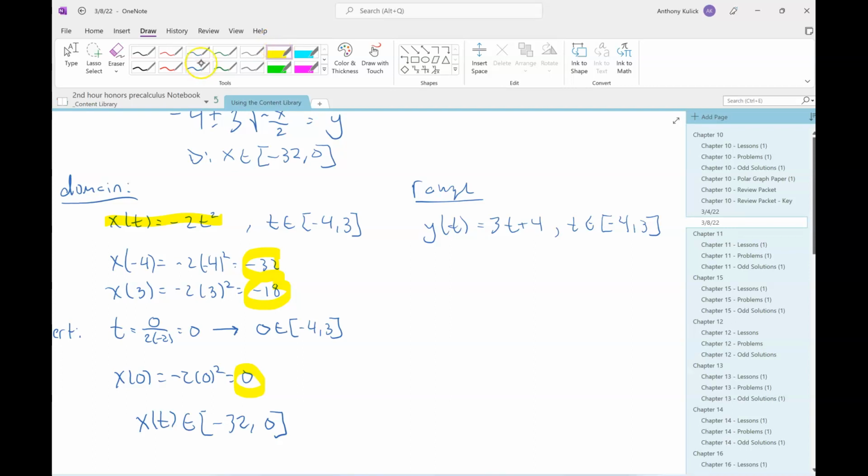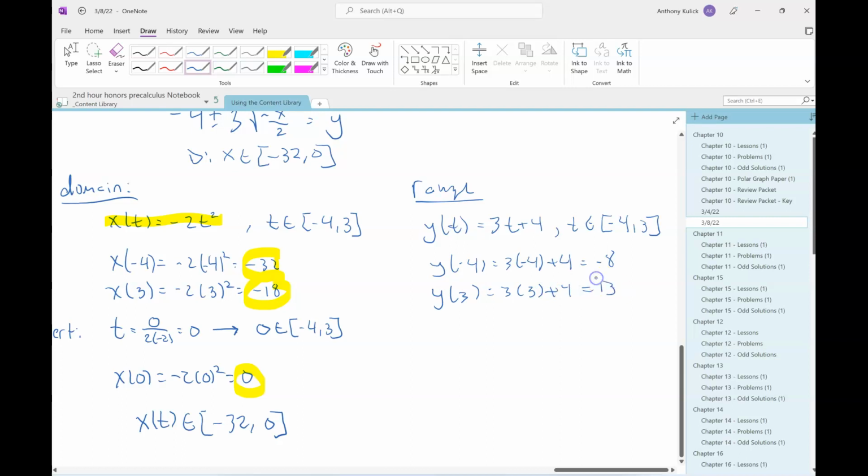So all we really need to care about are the endpoints. So we have negative 8 and 13. So y of t's range goes from negative 8 to 13, which gives me the range for my Cartesian function.